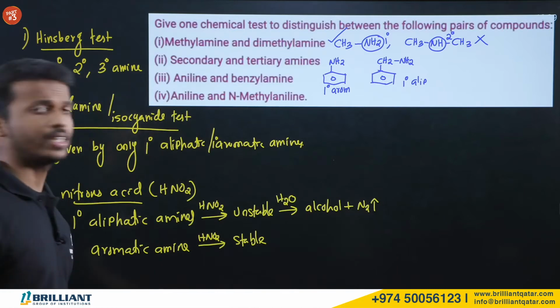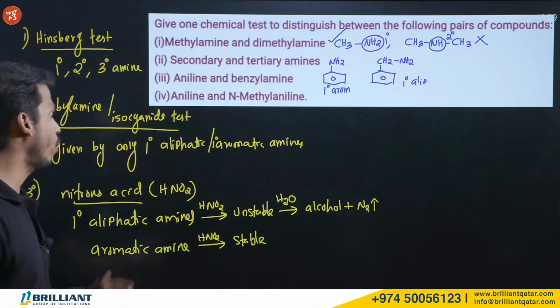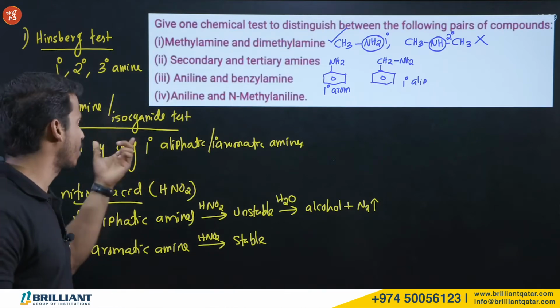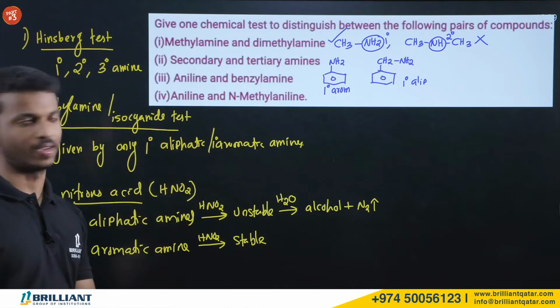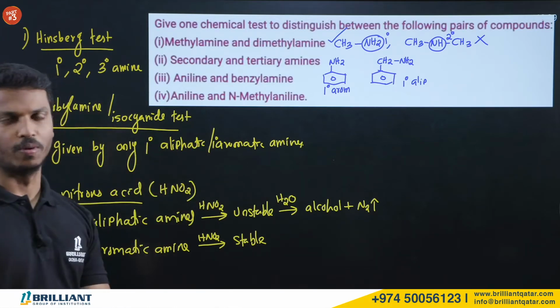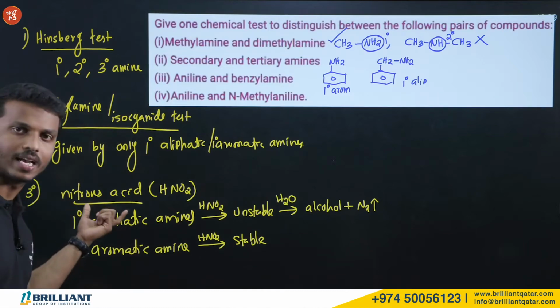So which test can be used? We cannot use carbylamine test because carbylamine test is given by both primary aliphatic and primary aromatic amines. So which one is possible? Dear student, we can use nitrous acid test.